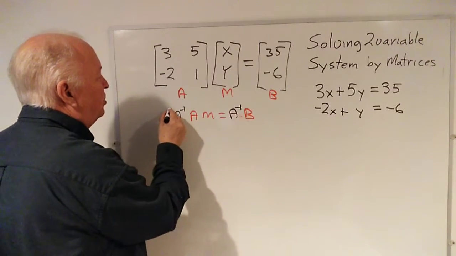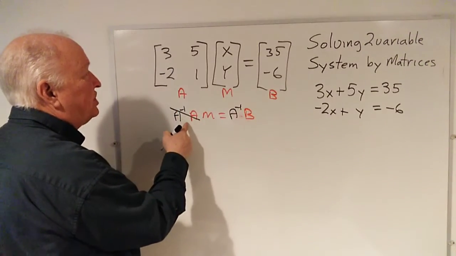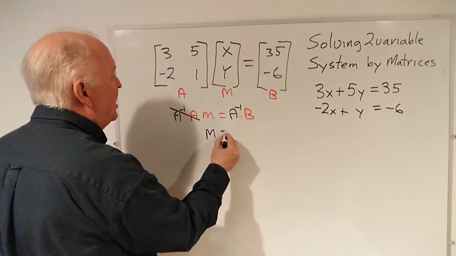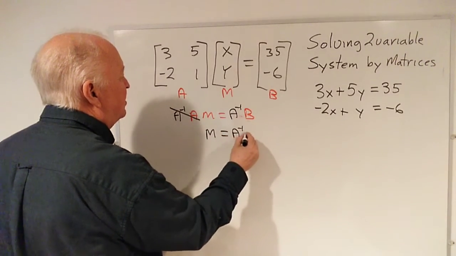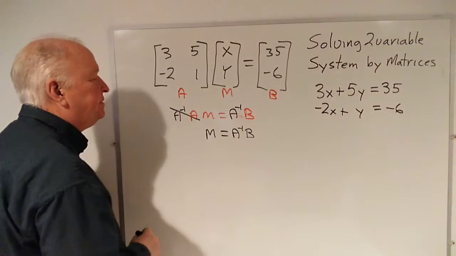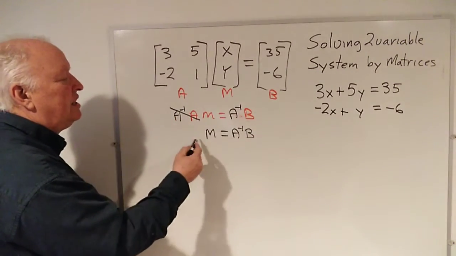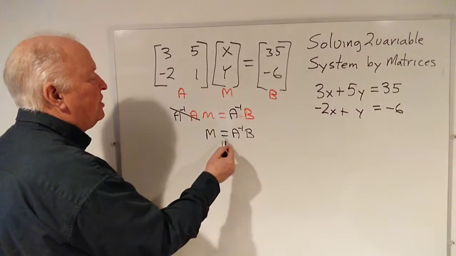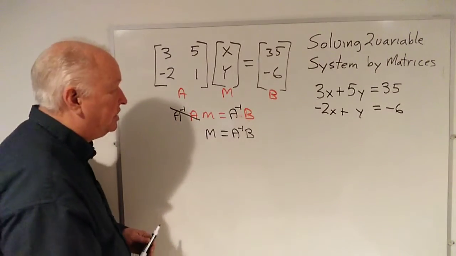These two give us the identity matrix, which gives us M equals A inverse times B.